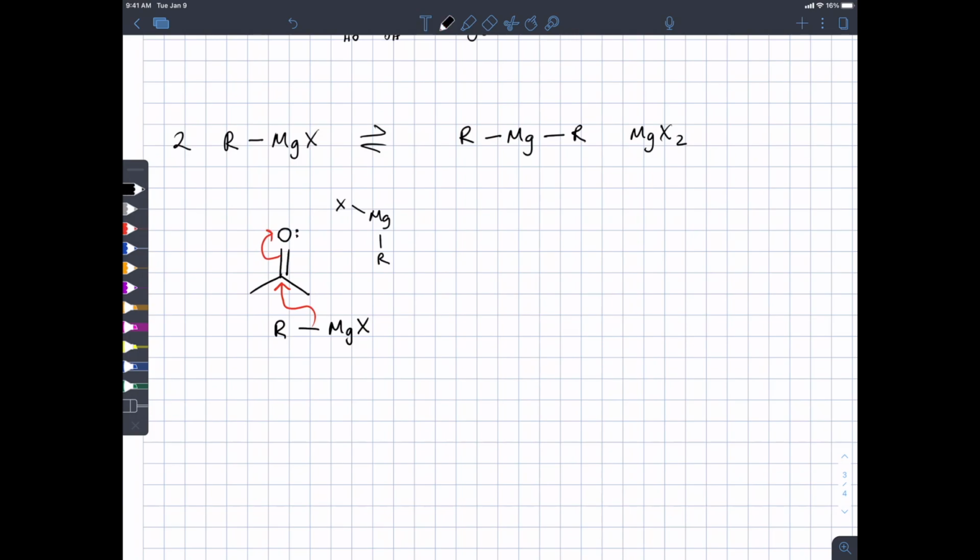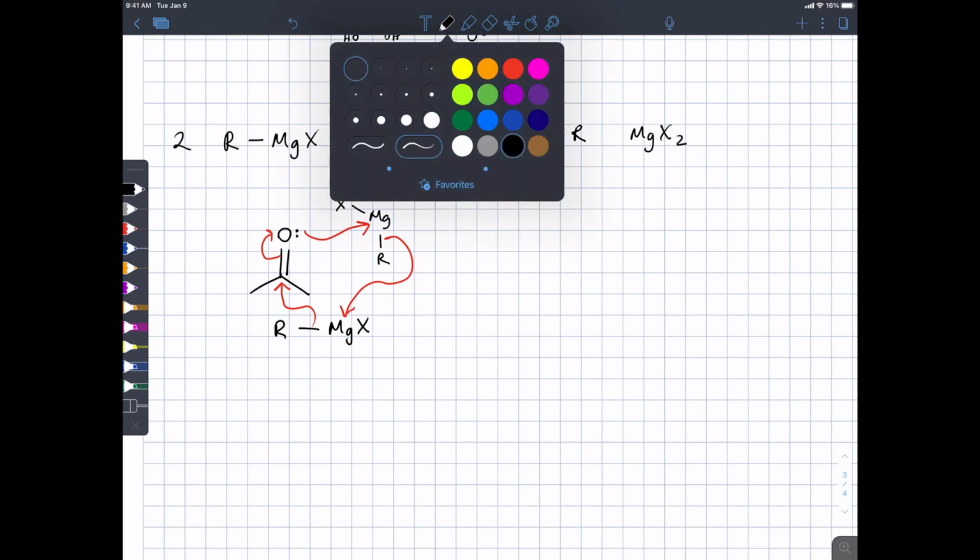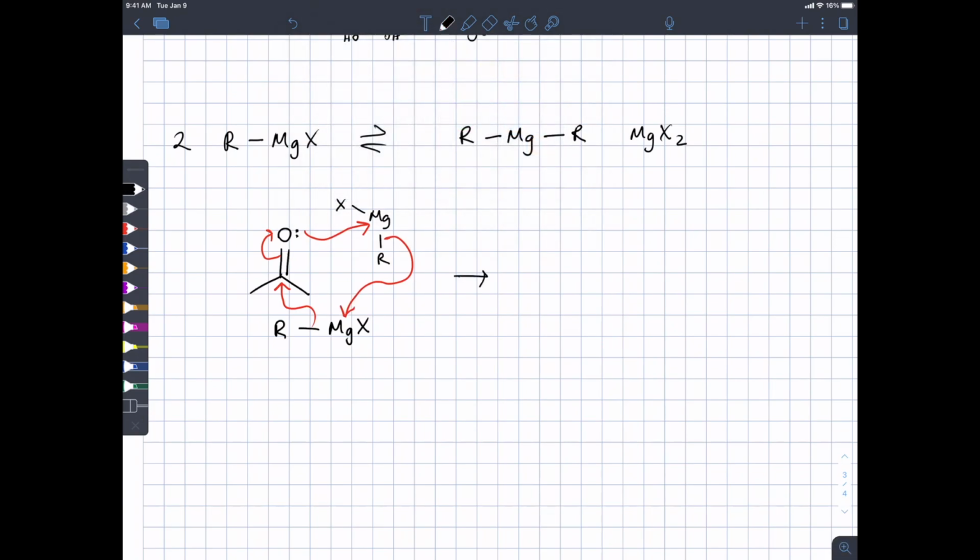Lone pairs on the oxygen reach out and bond with the magnesium, and then this R group comes back down and bonds to that magnesium. That's sort of a, let's see, 1, 2, 3, 4, 5, 6-membered transition state, which if you're going to propose a cyclic transition state, having it involve 6 atoms is a fairly reasonable way to do it.